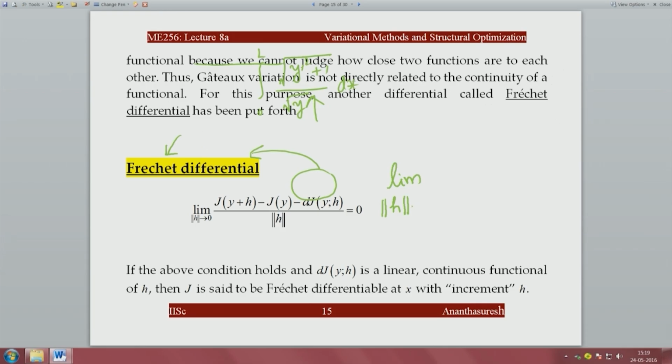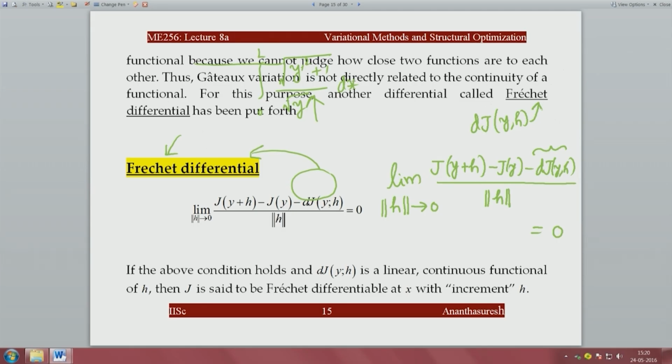We say that this arbitrary function's norm goes to 0, and in the denominator we put the norm of that function h, and in the numerator we put down J(y plus h), no epsilon, minus J(y), then minus dJ(y, h), and say if this limit is equal to 0, then this dJ(y, h) that we write, we say is the Fréchet differential, okay.